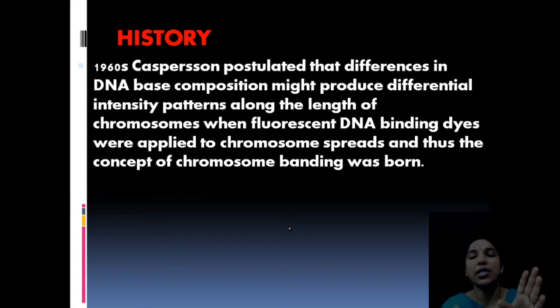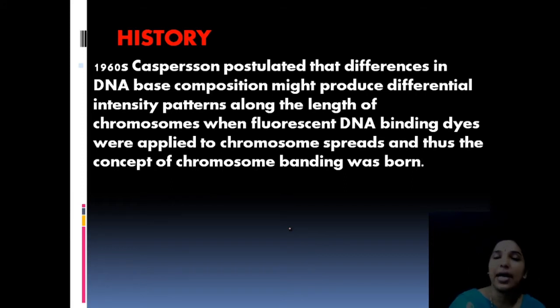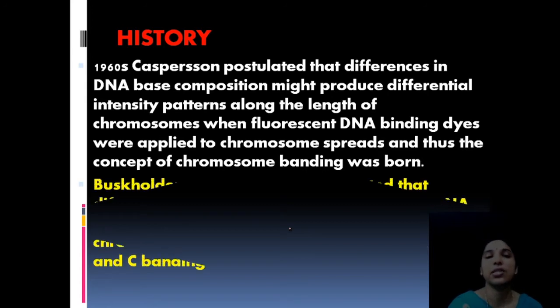Clear? So, by differential dyeing and observing under fluorescent microscopy, you can see variations in the intensity or patterns, and that is the basis of chromosome banding.